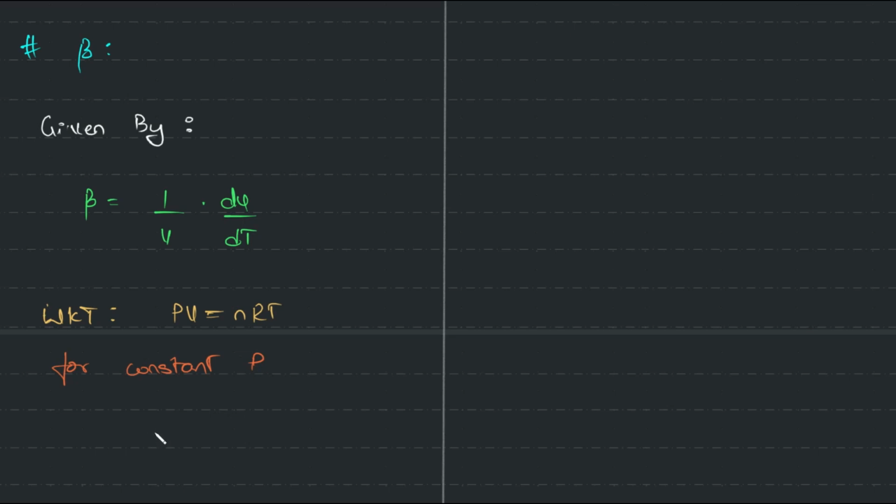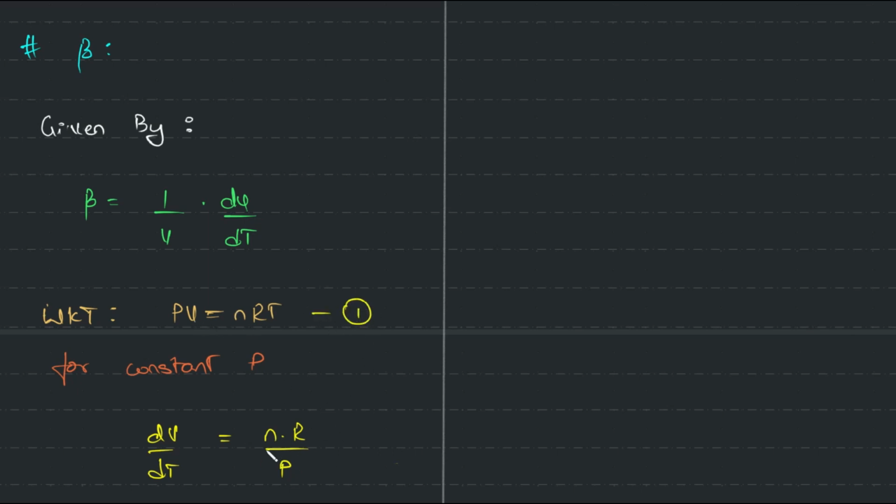So we have dV by dT is equal to nR by P, which is V by T. Sorry, my bad, V by T. If I rearrange this expression, I'll get V by T.